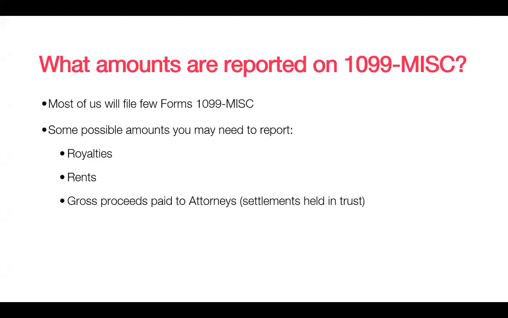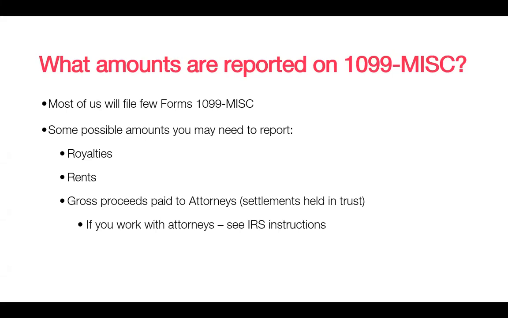There's also gross proceeds for a settlement to attorneys. Again, I'm going to refer you to the instructions. It's not really difficult. It's just attorneys have different rules, because this money goes on a 1099 miscellaneous, but payments for services from the attorney go on the 1099 NEC.